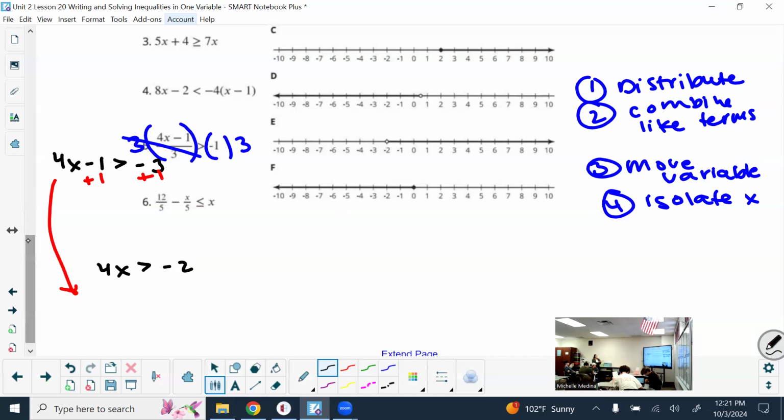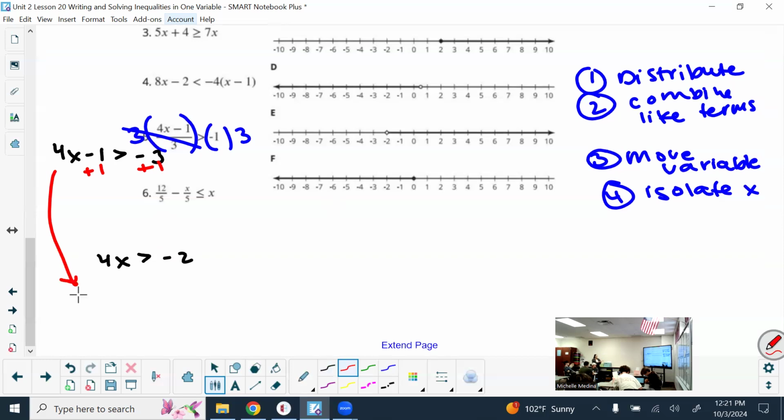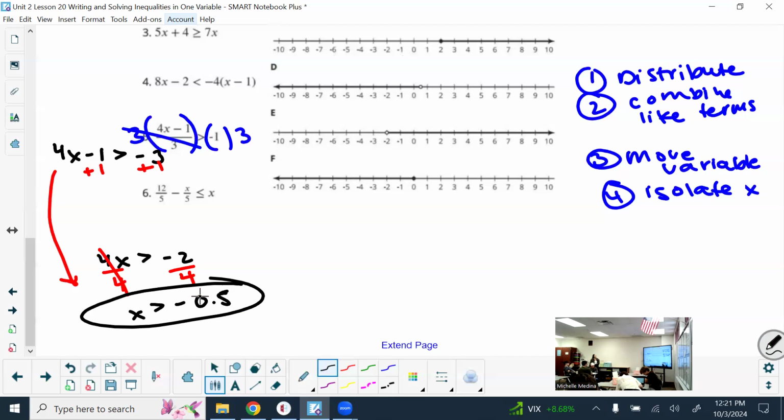What's opposite of multiplying 4? Divide on both sides. I did not have to flip the sign at all because at no point did I divide a negative or multiply a negative. What's negative 2/4 become? Negative 0.5 or negative 1/2, which matches one of these number lines.